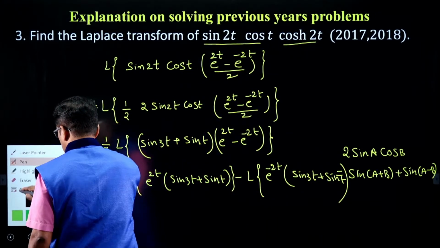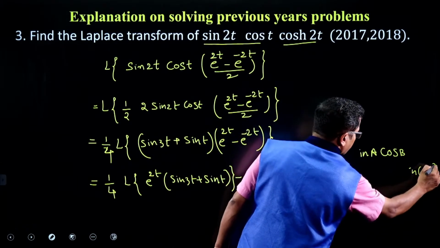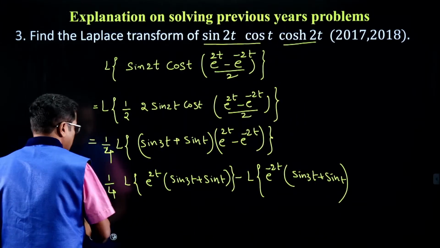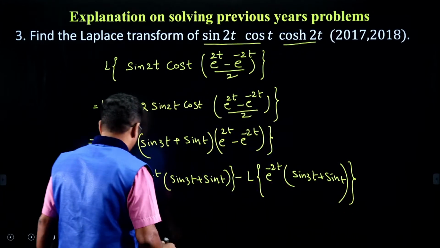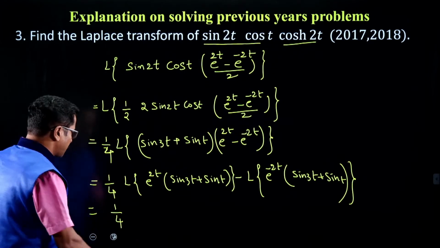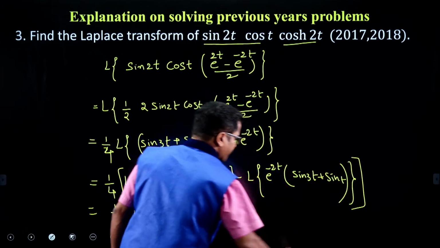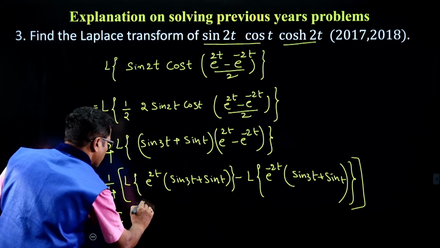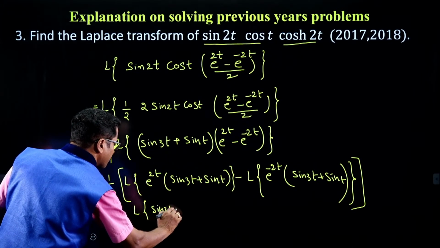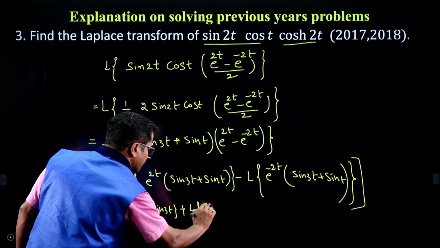Okay. So now you simplify this. Which is equals to 1 by 4, and this 1 by 4 is common for the total term. So L of sin 3t plus L of sin t.